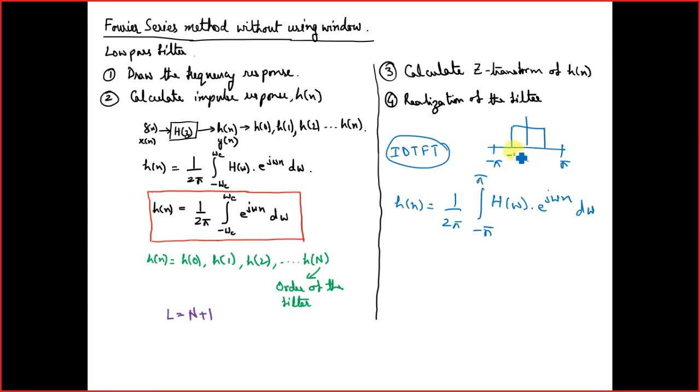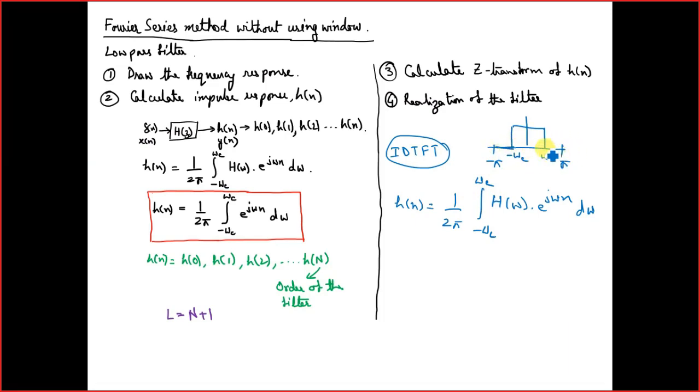However, if you remember the frequency response of the low pass filter, the frequency components pass through only in the region of minus omega c to omega c, right? So we can replace the limits minus pi to pi with minus omega c to omega c. Definitely we can do that, because in the regions from minus pi to minus omega c and omega c to pi, we have zero response.